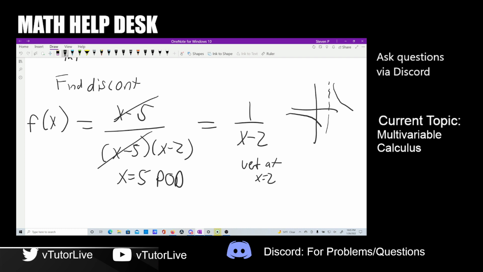It's going to look something like this. This is 1 over x minus 2, but because there's a point discontinuity at 5, there's going to be just a single gap right there. So those are your 2 points of discontinuity, basically this one and this one.